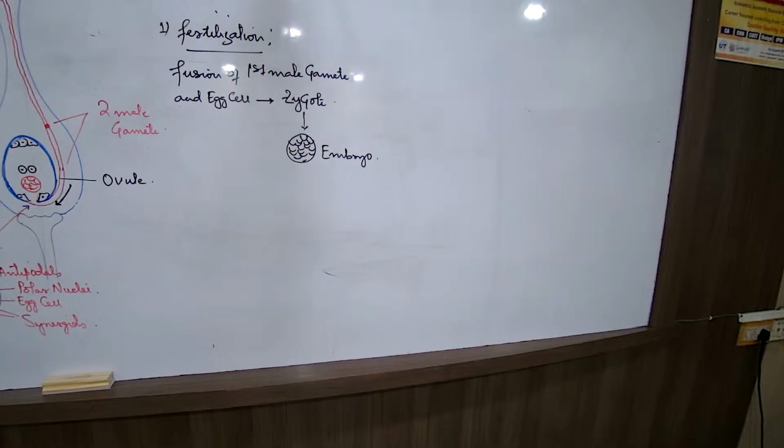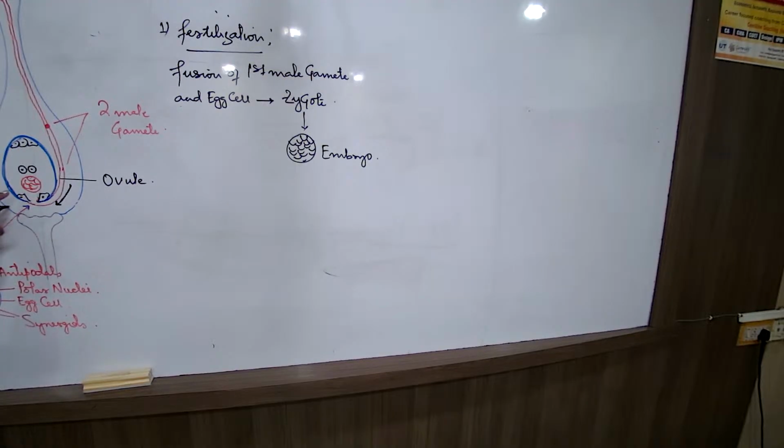Following? Clear? So the first step was what? Fertilization, where one male gamete fused with the egg cell, resulting first in the formation of a zygote, but the zygote immediately transforms to form a multicellular structure. What is that multicellular structure called? This is now the embryo.